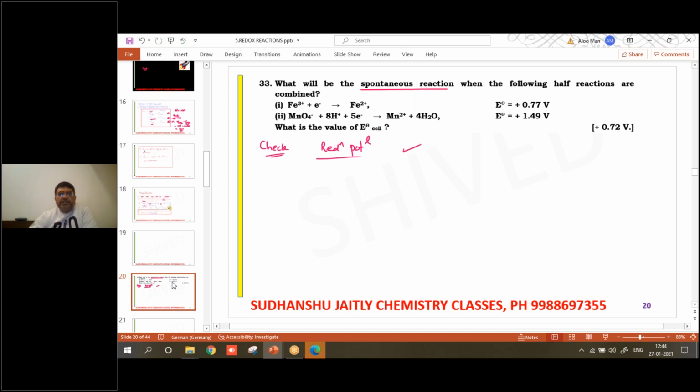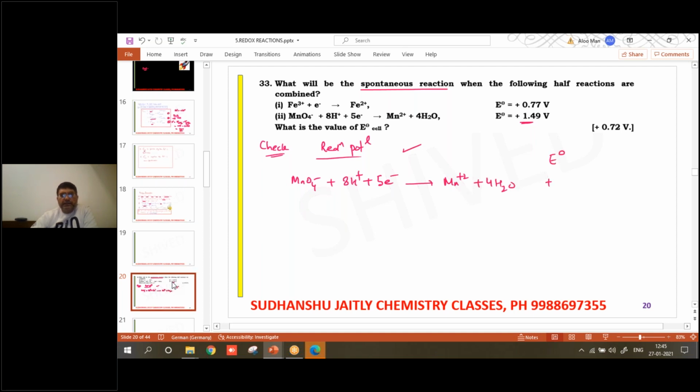Now, which is having more reduction potential? This, the MnO4. So this will be reduced. Look carefully, MnO4 negative, 8 proton, 5 electron gives you Mn plus 2, 4 water.